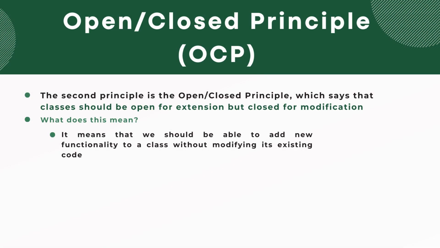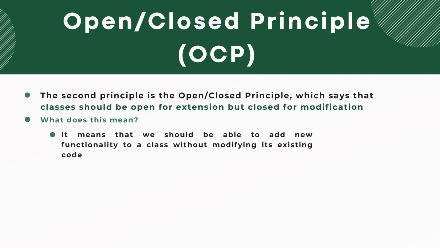The second principle is the Open-Closed Principle, which says that a class should be open for extension but closed for modification. What does this mean? It means that we should be able to add new functionality to a class without modifying its existing code. For example, in a Flutter app, you might have a PaymentMethod interface with a pay method.